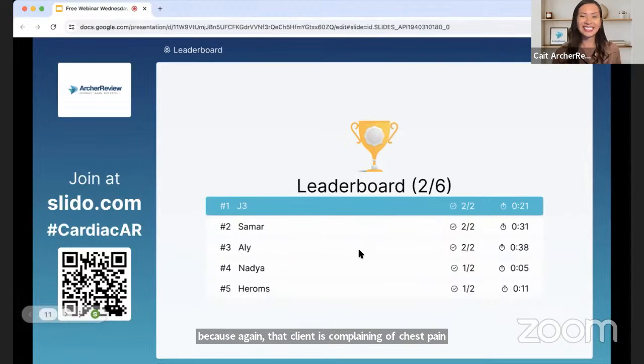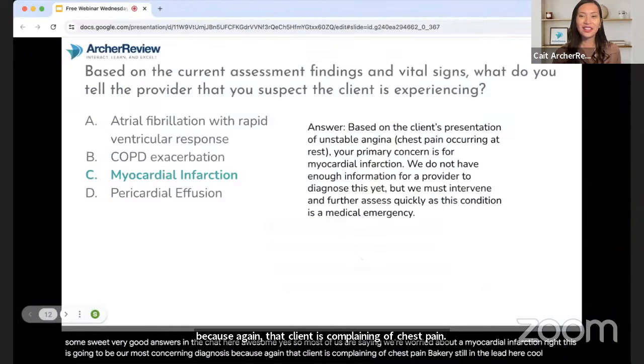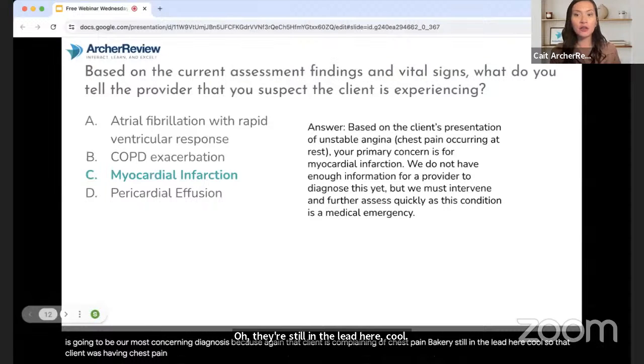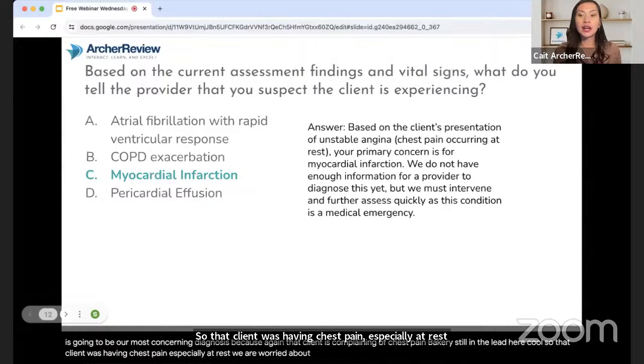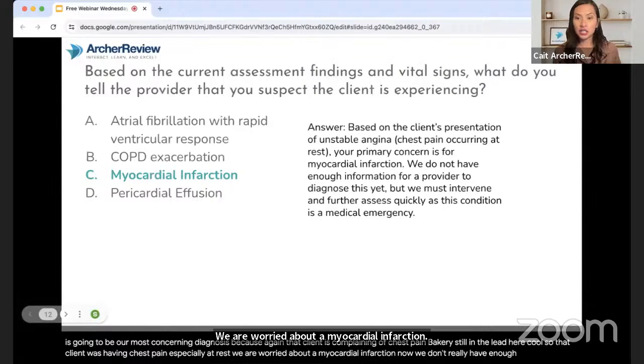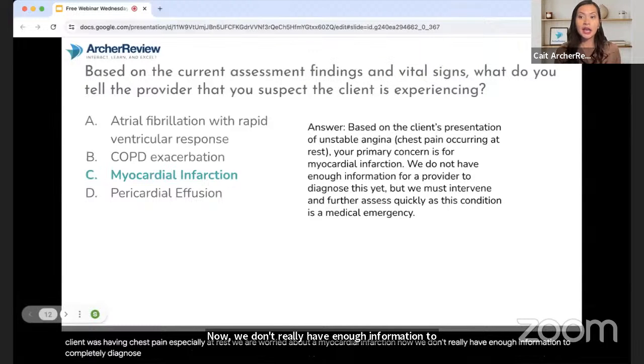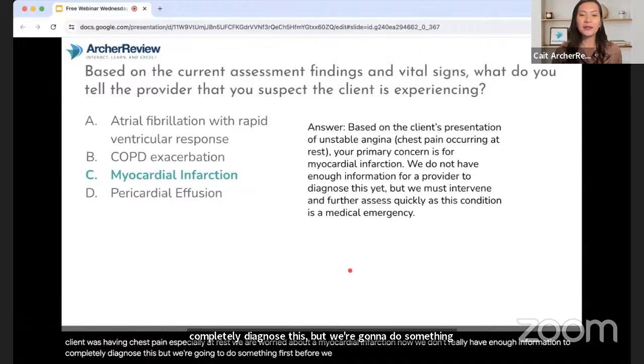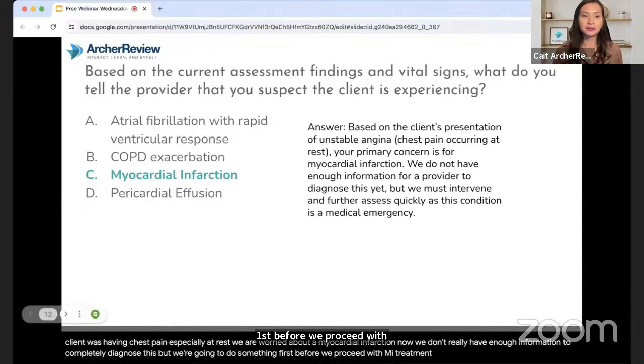Ooh, J3 is still in the lead here. Cool. So that client was having chest pain, especially at rest. We are worried about a myocardial infarction. Now, we don't really have enough information to completely diagnose this, but we're going to do something first before we proceed with MI treatment.